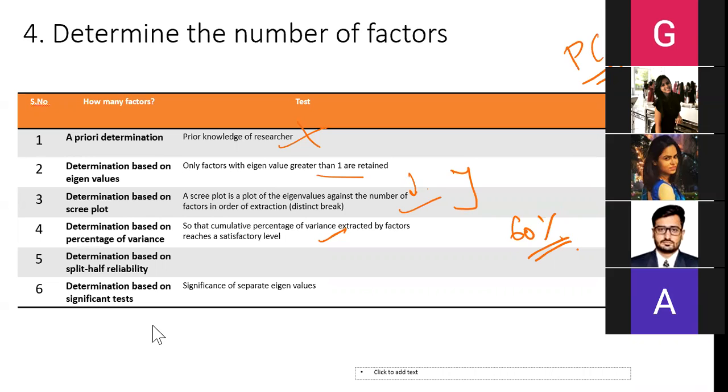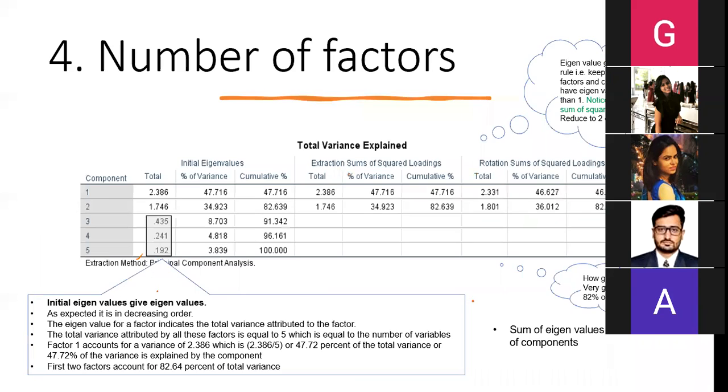So it's best that we go with a solution wherein we have fewer factors which are explaining the maximum of the variance. So next comes the number of factors. Okay, this is a very, very important table. So what is this? This is your eigenvalues. Eigenvalue is the percentage of variance that is explained by each factor. What is this? This is the factor.